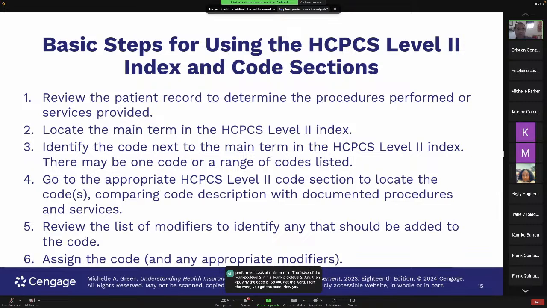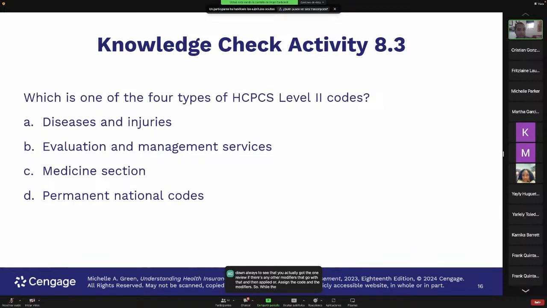Now you go to that code because sometimes it's arranged, sometimes it's more than one. Go to the code, to the section, check the codes, one up, one down always, to see that you actually got the one. Review if there's any other modifiers that go with that, and then apply or assign the code and the modifiers.